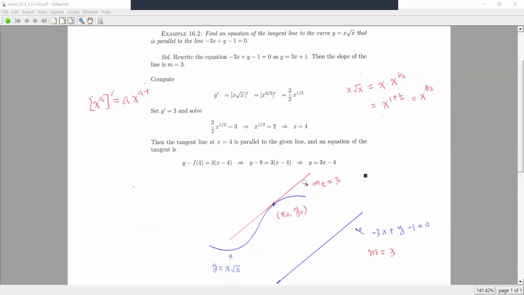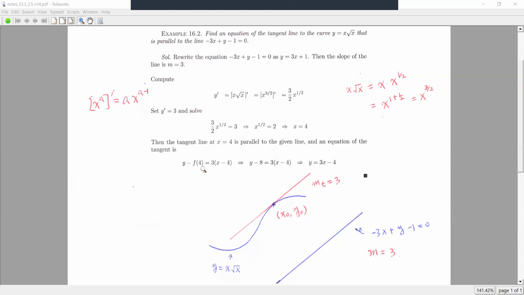Now about this tangent line, we know one point and also the slope of the tangent line. So by point slope formula, we can write down the equation of this line. The equation is y minus y1, where y1 is the function value at 4, is equal to the slope number 3, parenthesis x minus x1, where x1 is 4.